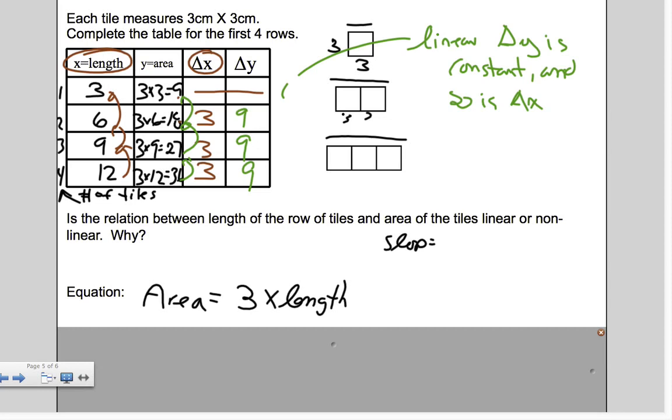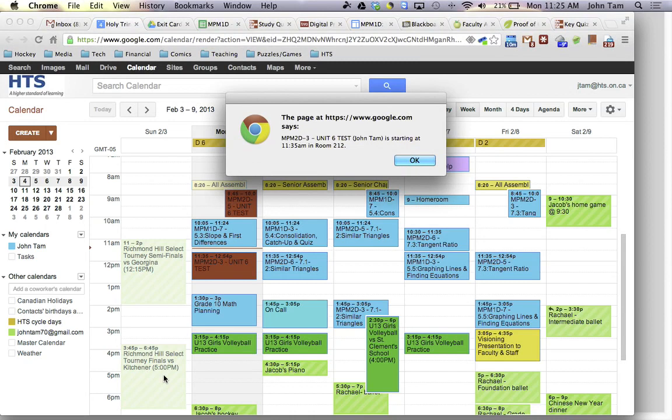So what's our slope? Don't put your stuff away yet, please. So how do we calculate slope again? Rise over run. This is the same as delta y.